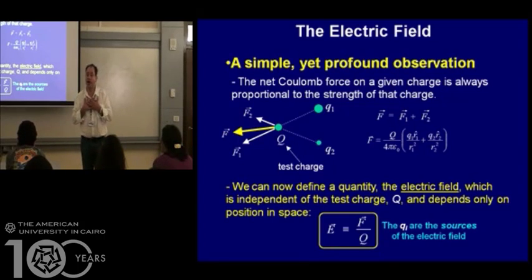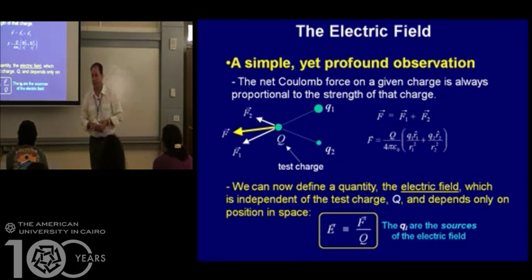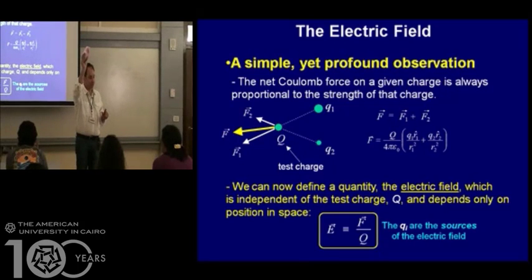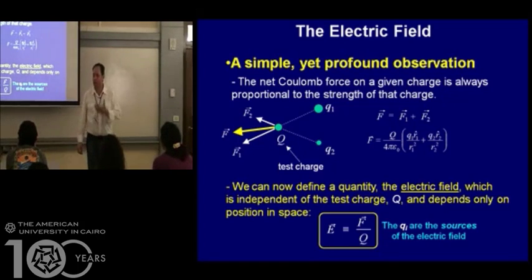What happens if you have a negative charge? If I am a negative charge, let's do the experiment again. I'm going to use a test charge, which is always positive, in here. If I'm a negative charge, in what direction will the test charge move?